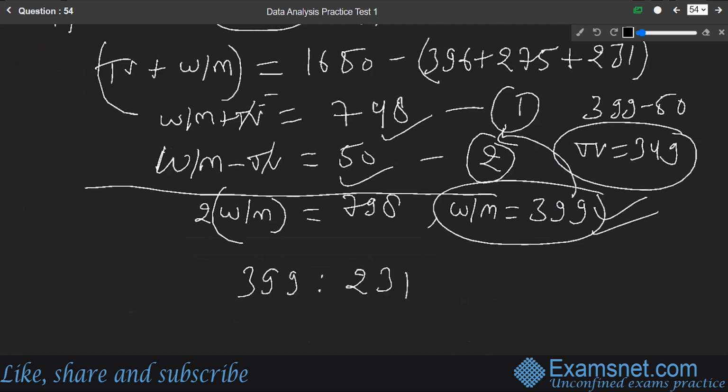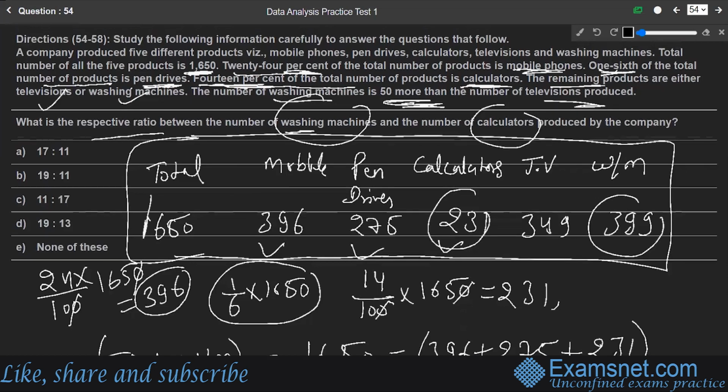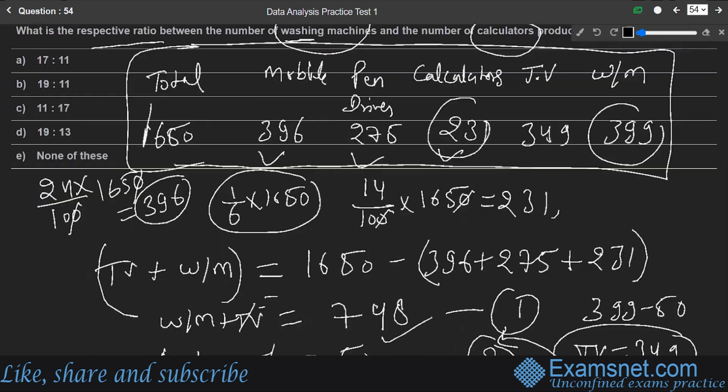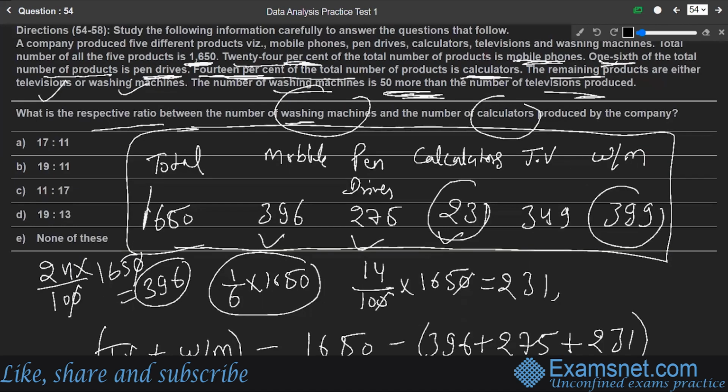Obviously this needs to be simplified. If we want to simplify this, we have to cut both the numbers by some number. If we sequentially keep on cutting, ultimately we get the ratio as 19 is to 11. That is the ultimate ratio that we are getting. So that is the option B, that is 19 is to 11.